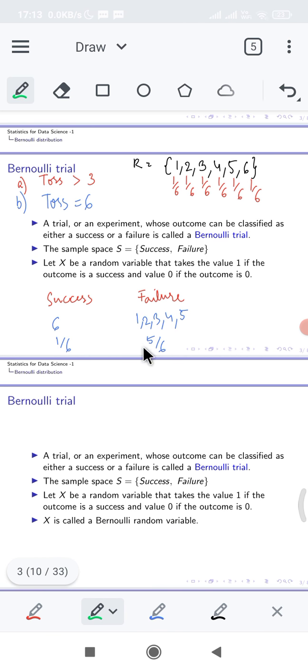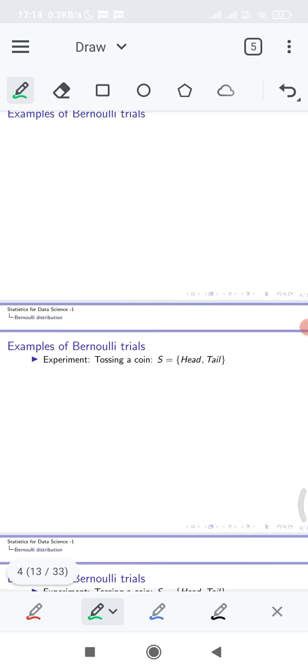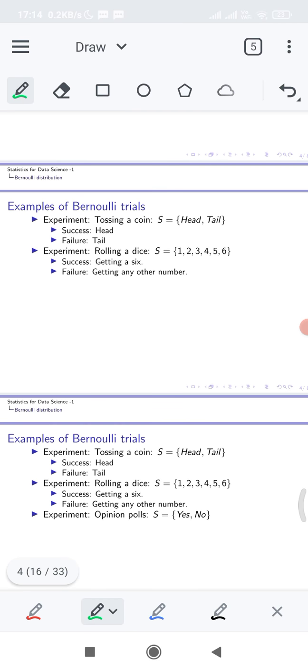Here there were 5 events and each had 1 by 6. Each elementary trial had a 1 by 6 probability, so 5 into 1 by 6 gives 5 by 6.